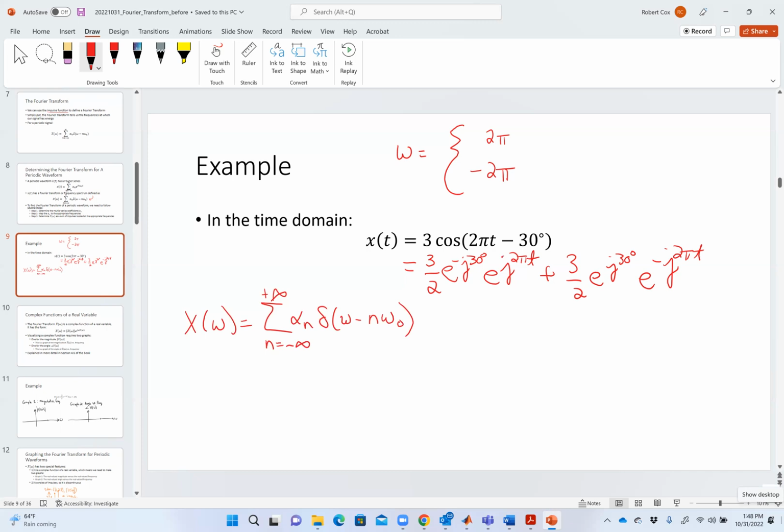Well, this thing is a function of omega. Forget time. Let's just say I told you I wanted to have an impulse located at t equal to 2 pi. How would you express that? Minus 2 pi. Yeah. So basically, I want something like this, omega minus 2 pi.